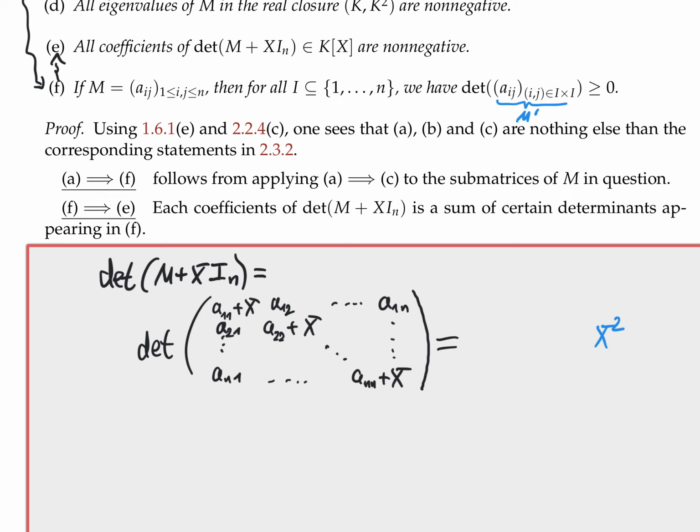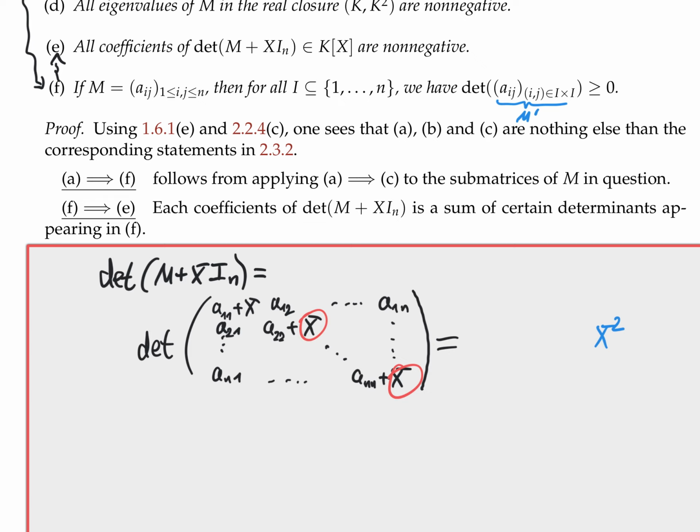So in order to get a contribution to x to the 2, I need to choose 2 times something from the diagonal, namely, at least 2 times from the diagonal, and I have to choose, in fact, the x from the diagonal. So let's say I choose it here and here. And otherwise I don't choose any x on the diagonal.